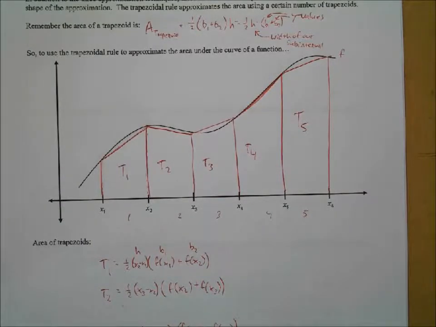Concave up will be an overestimate, which is reversed from our midpoint.